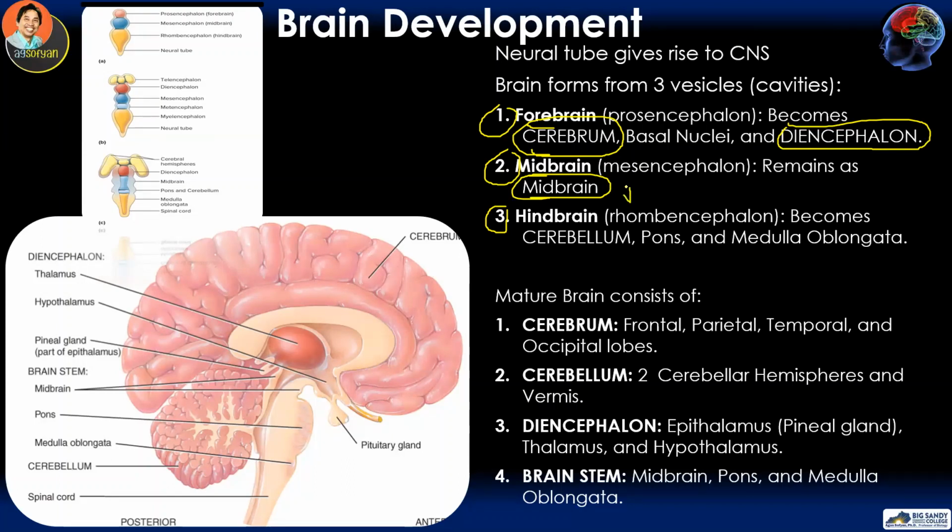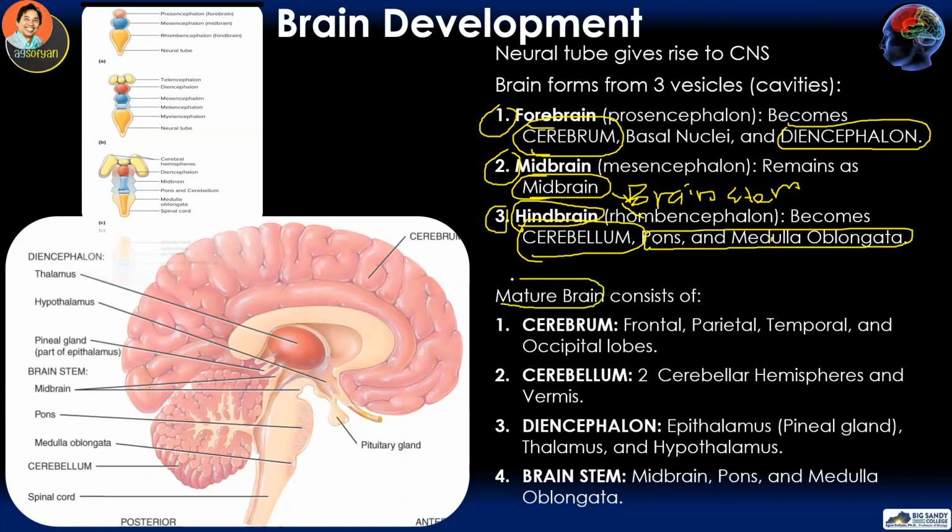The hindbrain develops into the cerebellum and the other part of the brainstem, which is the pons and medulla oblongata. So the pons, medulla oblongata, and midbrain are part of the brainstem in the mature brain.